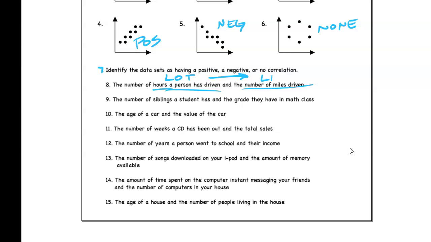A lot. Okay, so since they are the same, my answer for this would be a positive correlation. If the situation would have opposite answers, that would be a negative correlation. Now that I told you how to set up 8, do you think you can do 9?